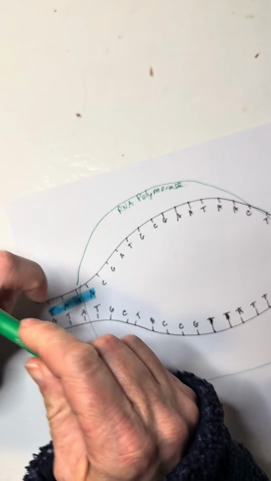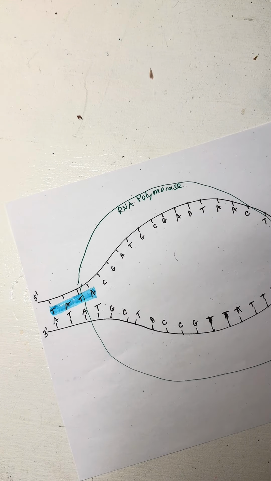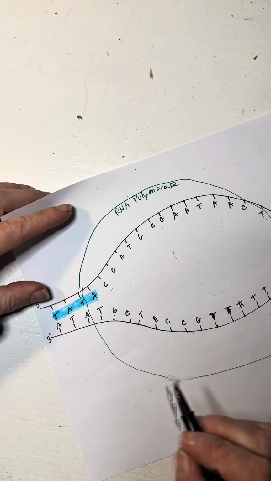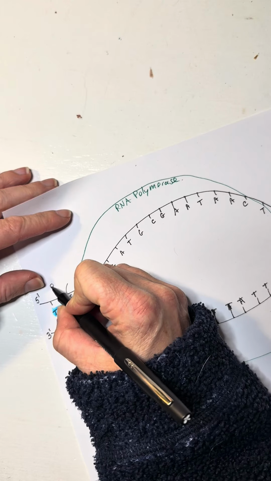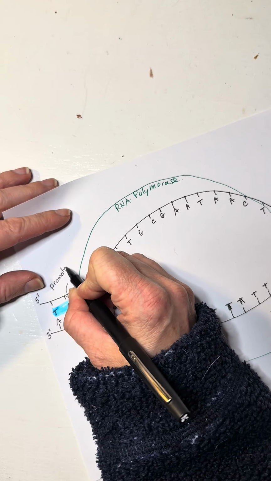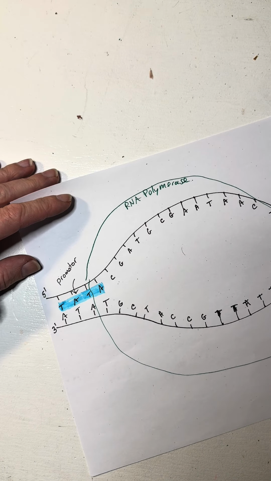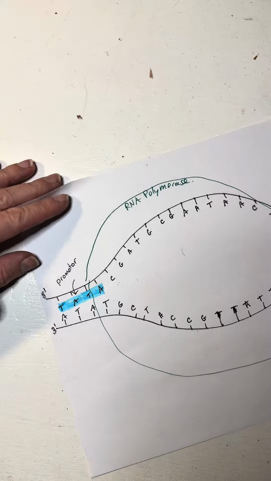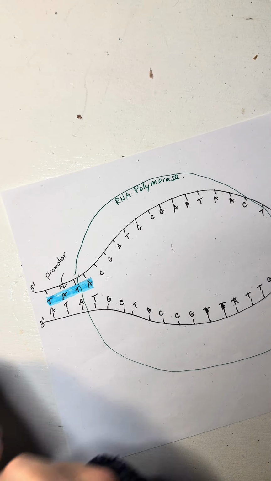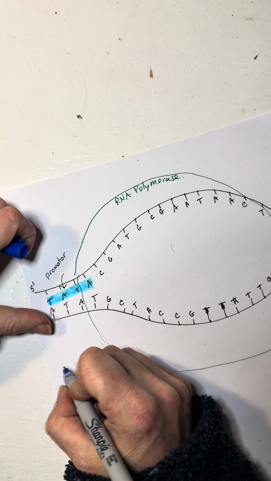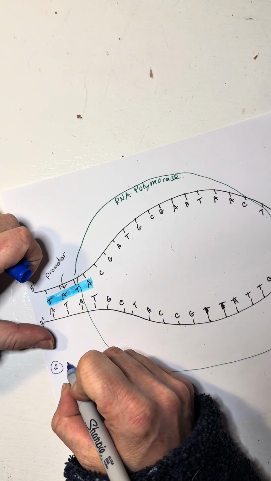And the RNA polymerase, as it's moving down the DNA, is going to open up the DNA, but it'll close it right behind it. So we have our promoter, and we've already done step 1, in which our RNA polymerase has bound to the promoter and is able to begin the process of transcription. And it's fairly simple. Step 2 here is going to be called elongation.